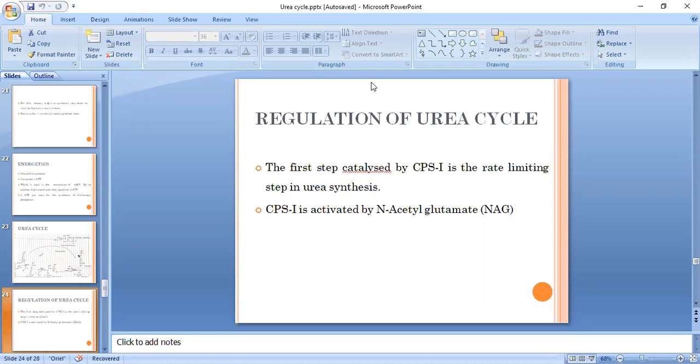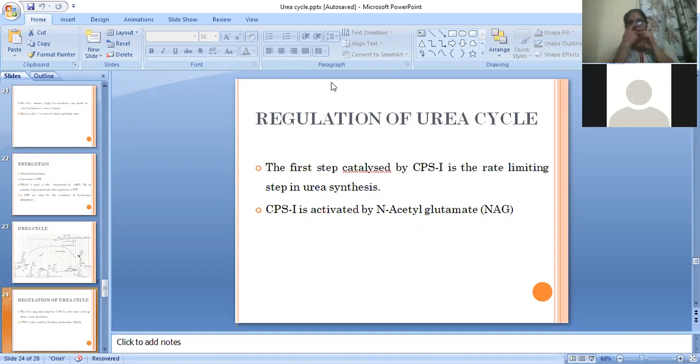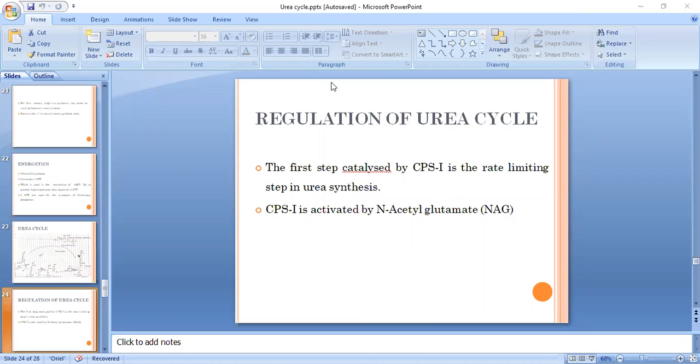So mainly the urea cycle will be regulated by the first step, which is the synthesis of carbamyl phosphate, done by the enzyme known as CPS1.